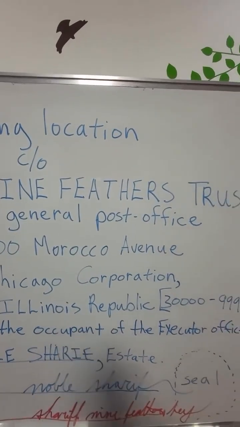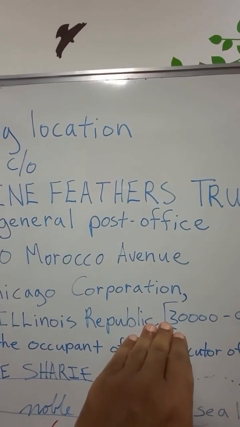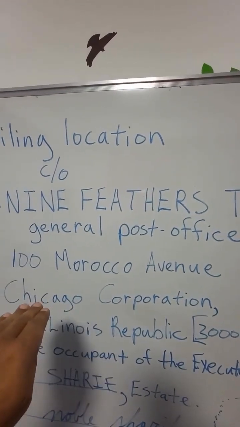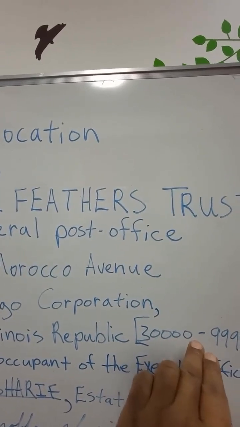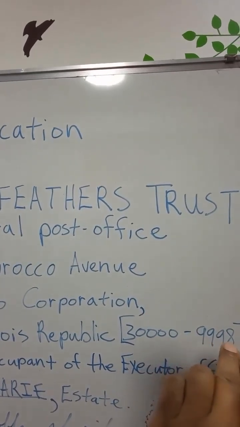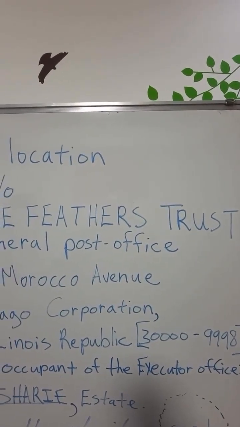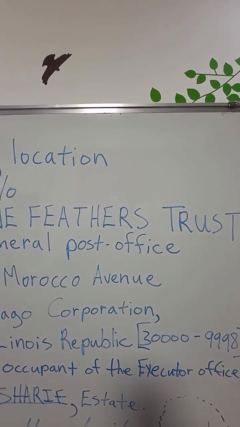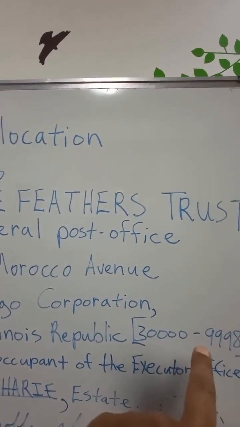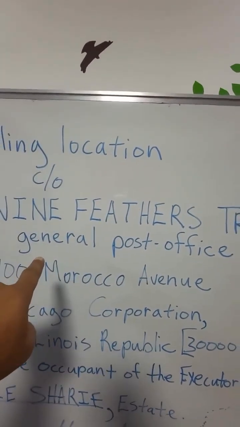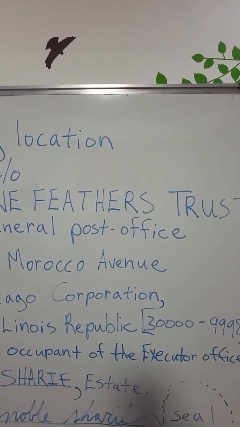And already on the page, there are square brackets. And inside of the square brackets, you're going to put the zip code of this city, then dash 9998. What that shows is that there is a connection with the postmaster, that the postmaster recognizes that this general post is already set up at the post office, right?